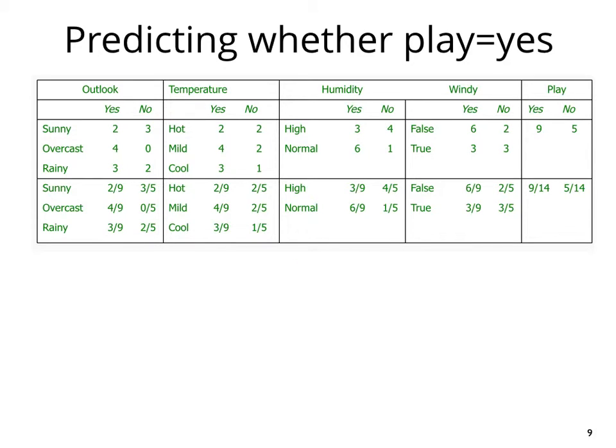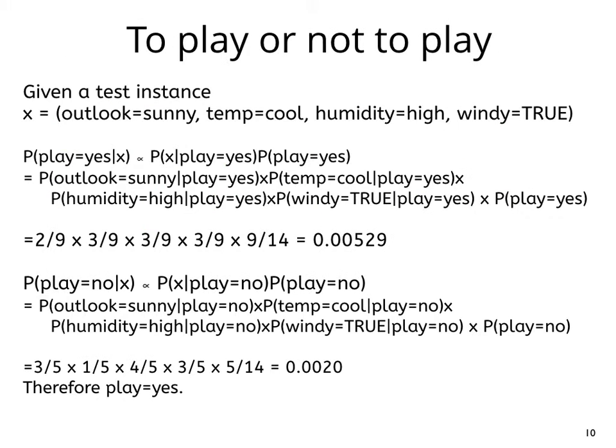So again we'll use this table that we used in decision tree learning, where we wanted to predict whether a particular match will be played. It has two outcomes, yes or no, and we have four attributes: outlook, temperature, humidity and windy, to predict this variable play.